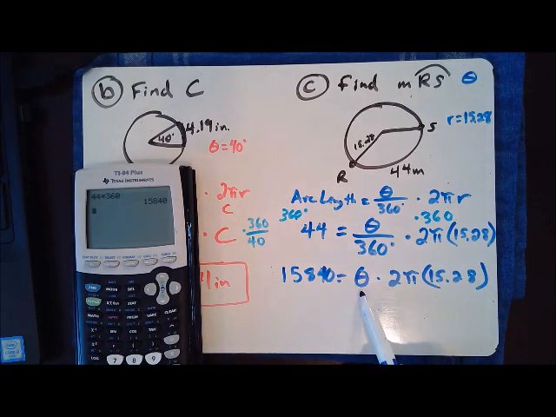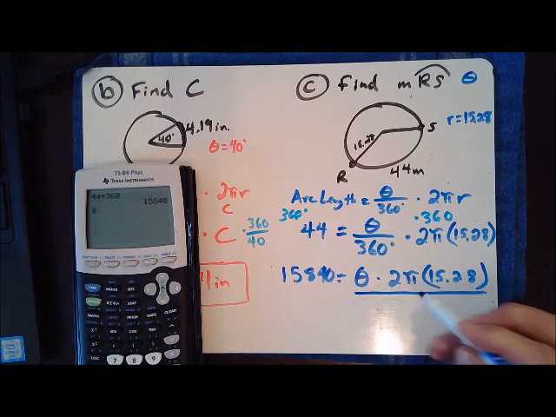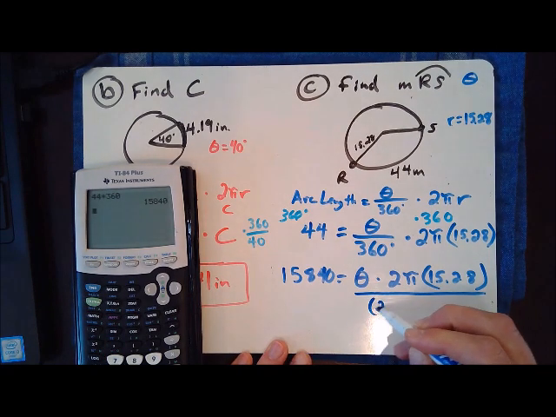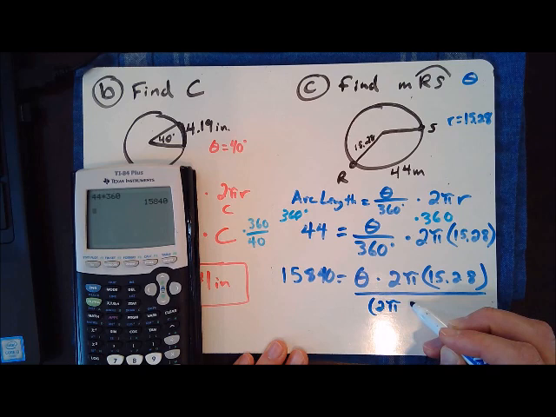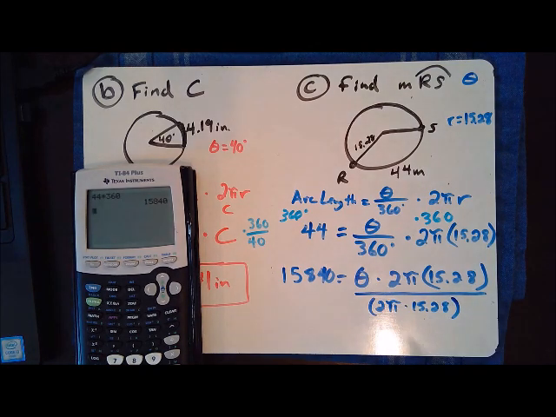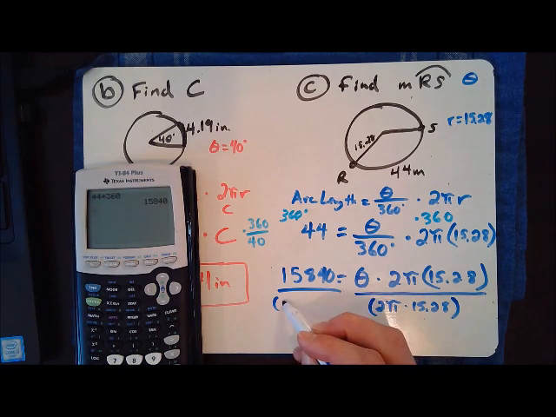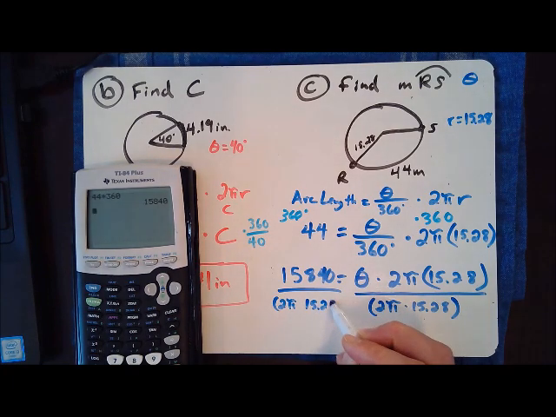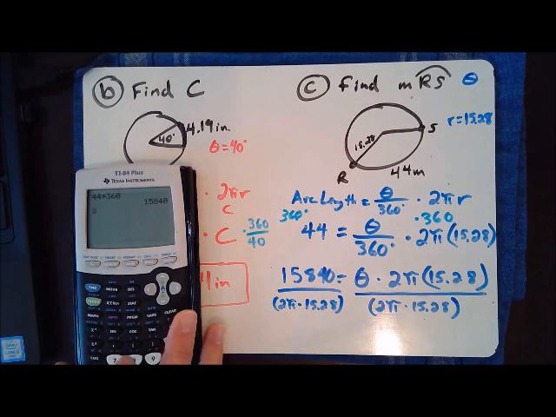Now, remember, I want to solve for theta, so I want to get all of the other stuff out of there. So I'm going to divide the whole side by 2 times pi times 15.28, and remember to do that in parentheses on the other side: 2 pi times 15.28. Watch how I do it here.